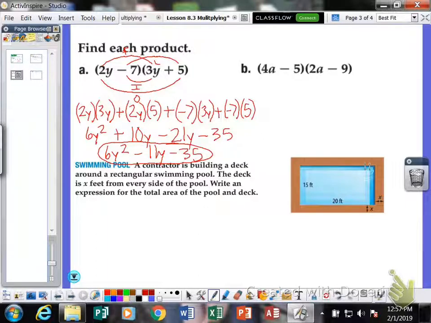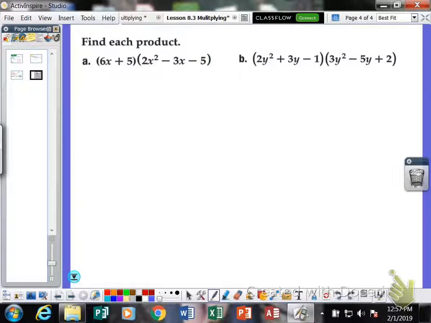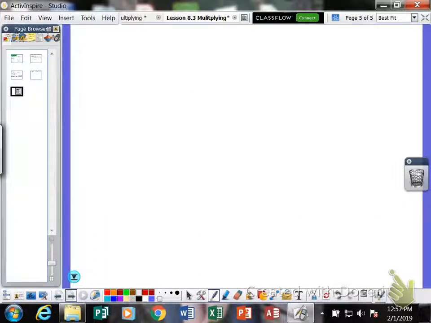For our next problem, I'm going to do it on a separate page just so I have some more room. It is 4a minus 5 times the quantity of 2a minus 9. Again, FOIL method.